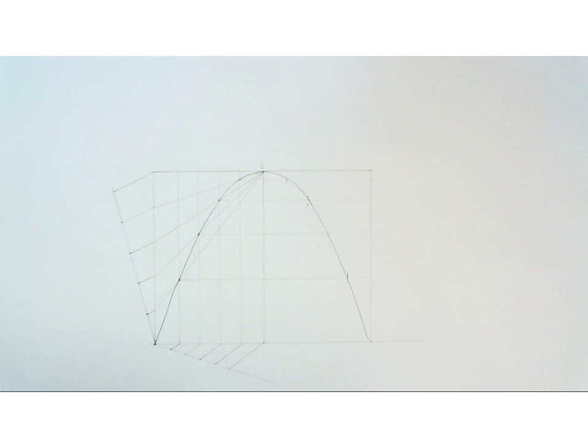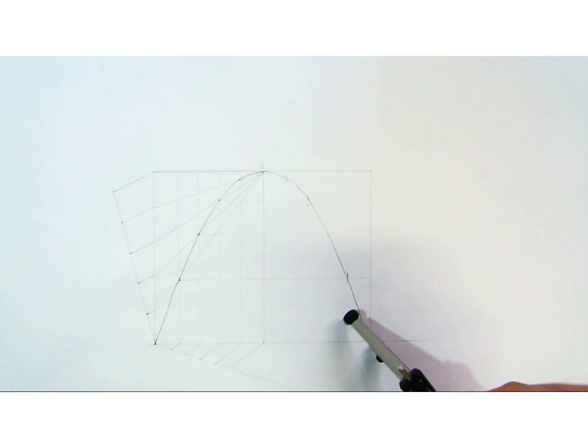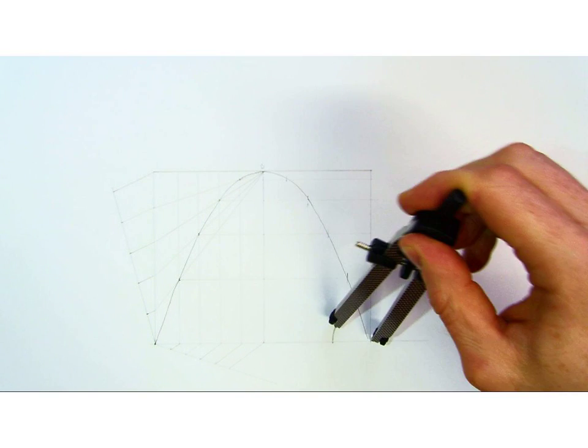Step 2, I'm going to locate the paws at the bottom of the parabola. The radius for them is 25 millimeters. One is located at the edge of the rectangle, so let me draw that in heavy.